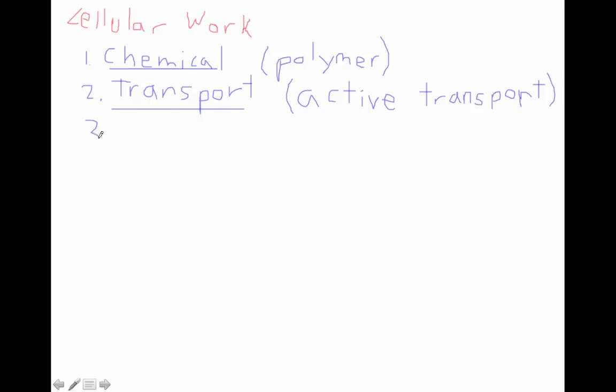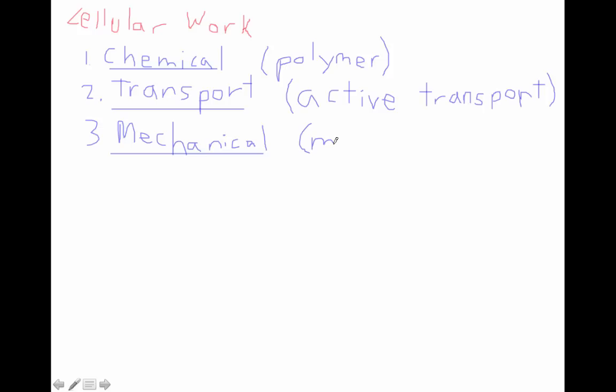Our third category is called mechanical work. And this is physical movement within the cell. When we think of muscle contraction, this begins as a cellular event. And so this is certainly mechanical work.